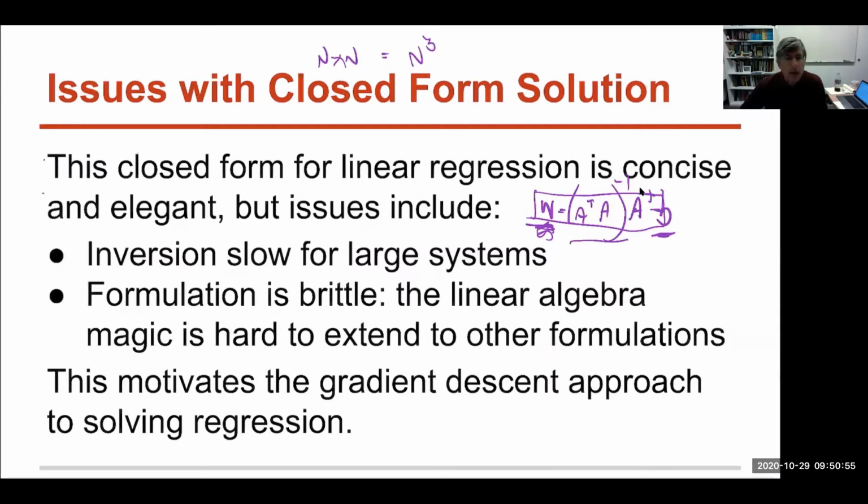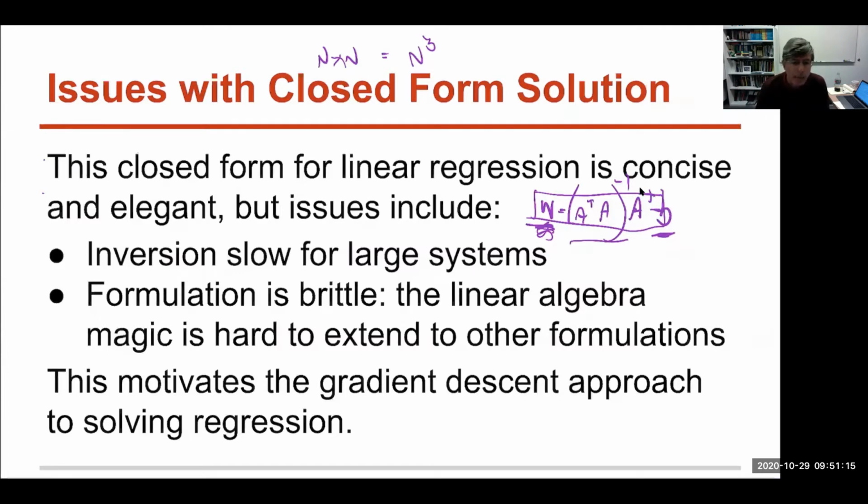The other thing is that this formulation in terms of matrix products is a little bit brittle. It's hard to extend it to other optimization criteria. Maybe we want the best fitting line with some other properties to it.